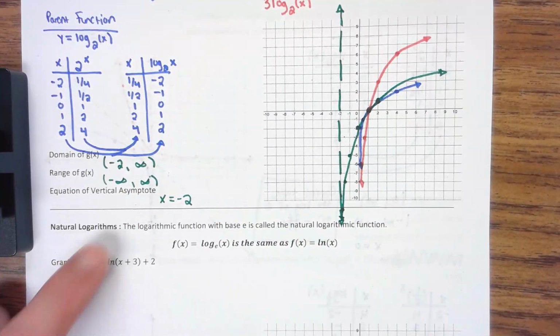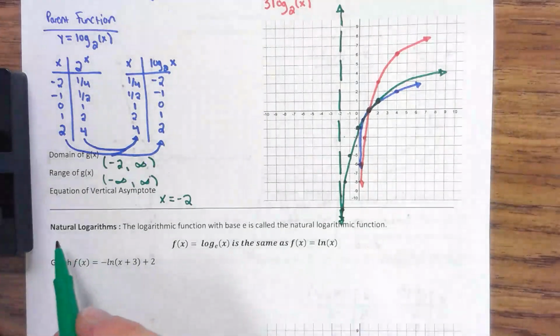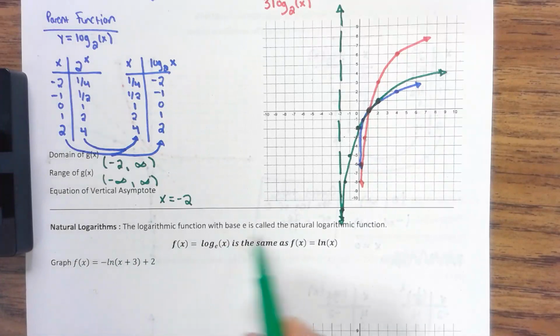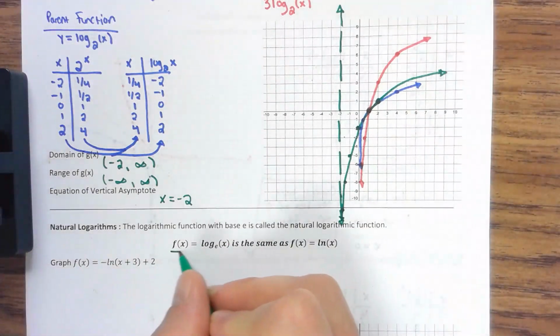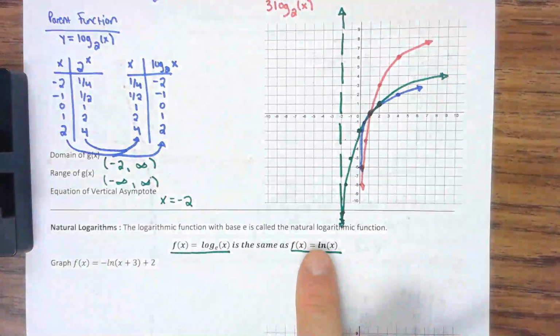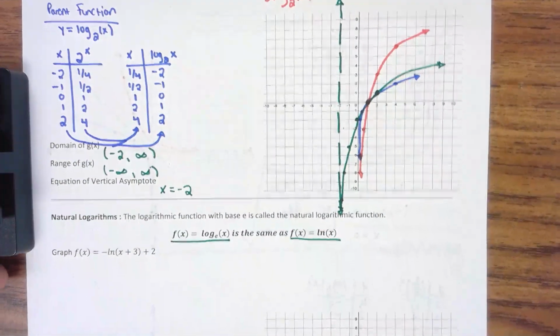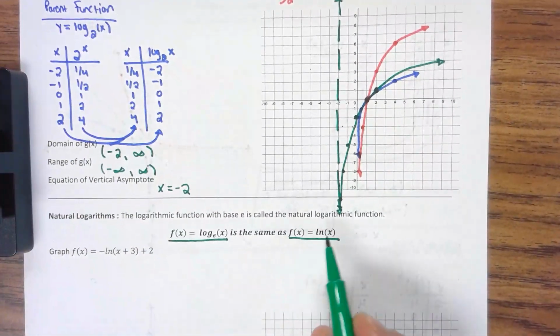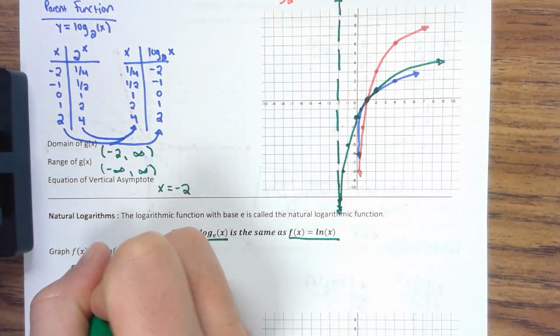So natural logs, we covered this a couple different times, so this is more of a reminder that a natural log is a log function with the base e, and it is called the natural log function. So if you ever see log base e, it is the same thing as just ln of x. You're typically going to see it as ln of x. Now, you can always rewrite it. You can take anything that has this ln or natural log and simply write it with a log that has a base.